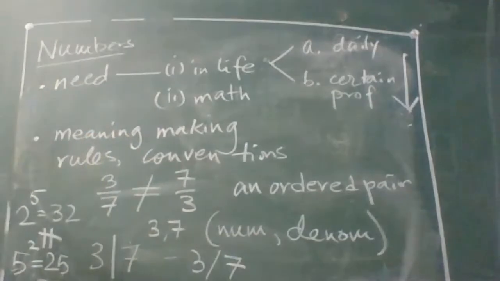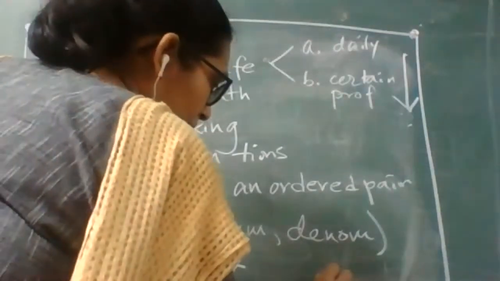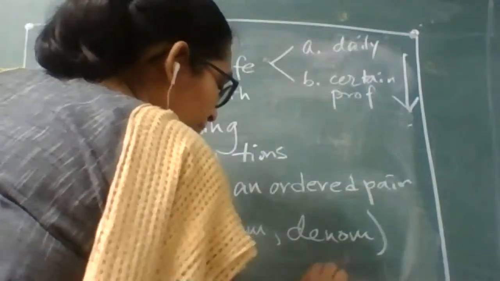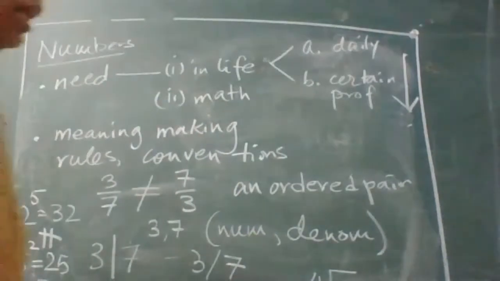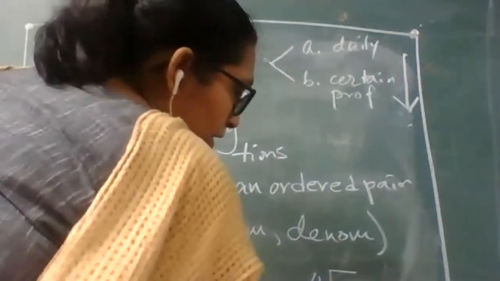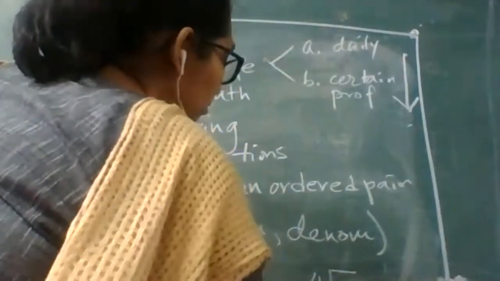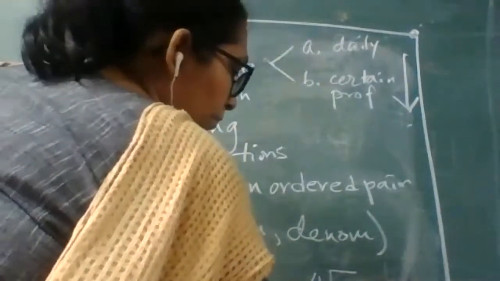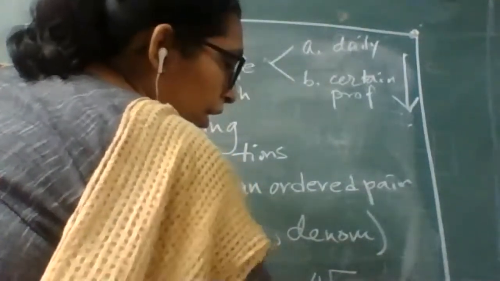Similarly, when you get to surds, you can think of, let's say, the 4th root of 6. Again, it will be an ordered pair of 6 and 4, where it will be base and the root, which root you are talking about.